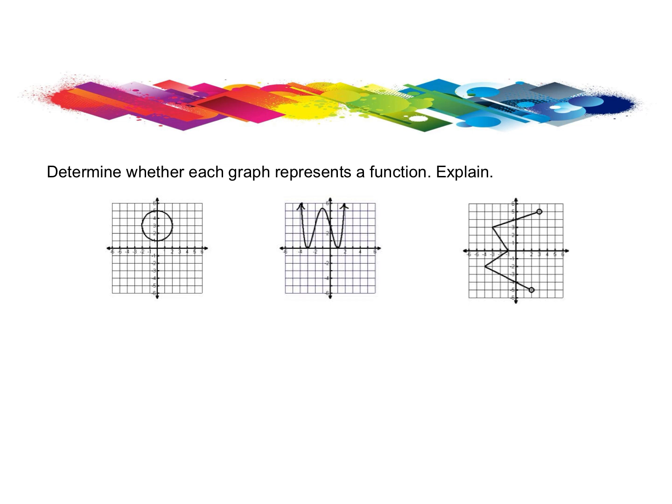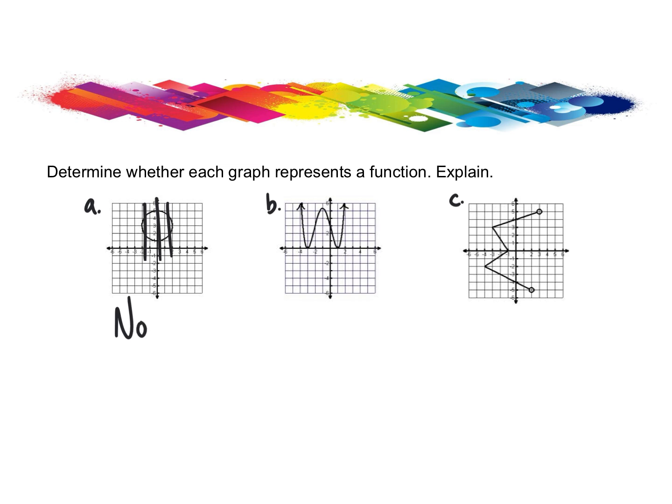So this slide is determine whether each graph represents a function and explain. So if you look at the first graph, I'm going to number this one A, this one B, and this one C, just to have a point of reference. A is, if you draw a vertical line on this circle, it touches more than one point in all of the lines that I drew.